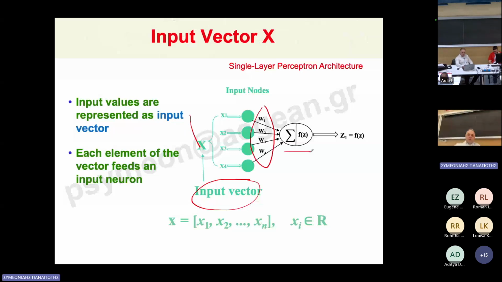And then we have some computations like the weighted sum and the activation function. Okay, so this is the main structure of a perceptron.